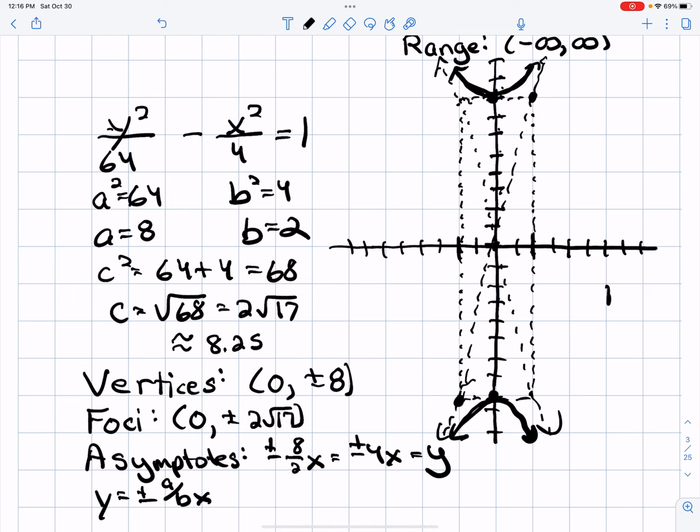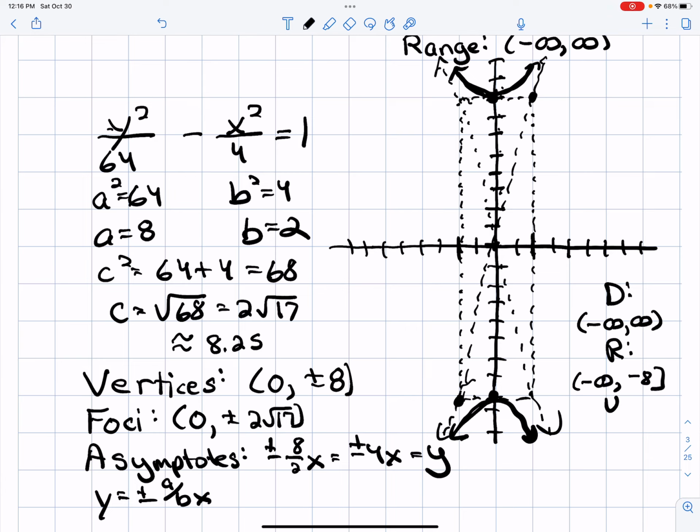Your domain in this one will be negative infinity to infinity. Because notice the little curves, both of them extend forever to the left and forever to the right. And then your range this time is limited. From below, you can go from negative infinity up to -8, and it includes that point.